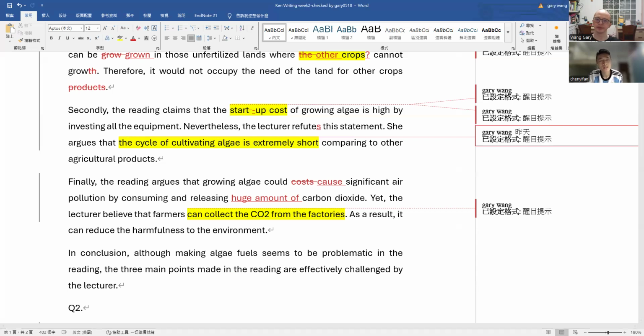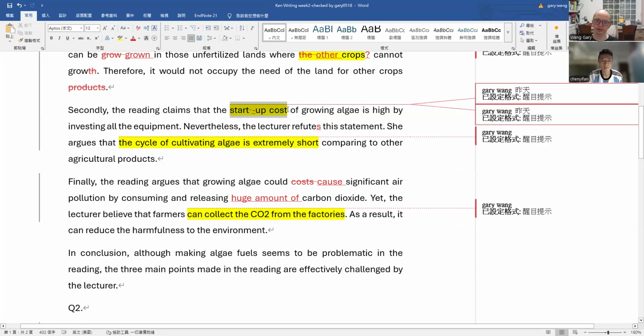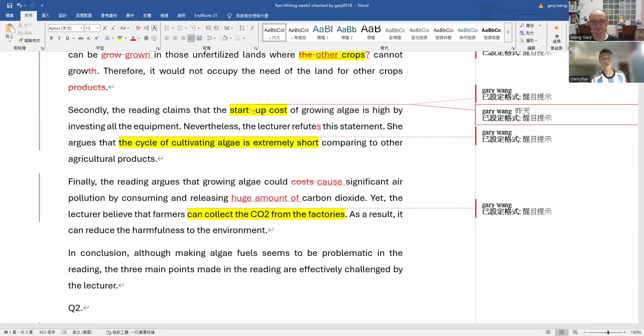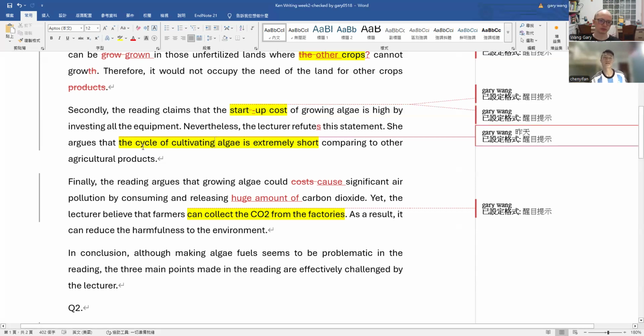Once again, here is talking about the startup cost. And here you are talking about the short cycle of cultivating period. Are they exactly the same? No. Startup cost means at the very beginning, you need to invest a huge amount of money. But a shorter cycle of cultivating period means you can earn money quickly. So they are two different things.